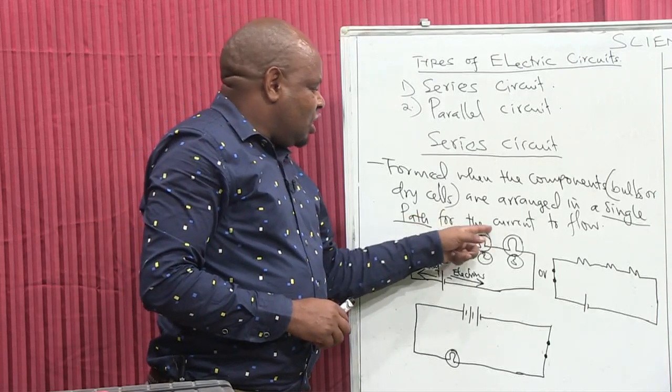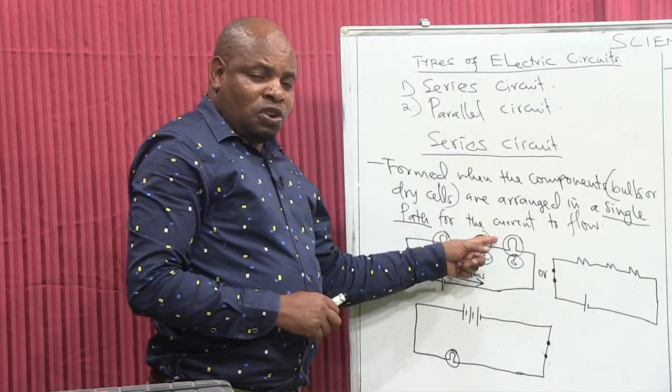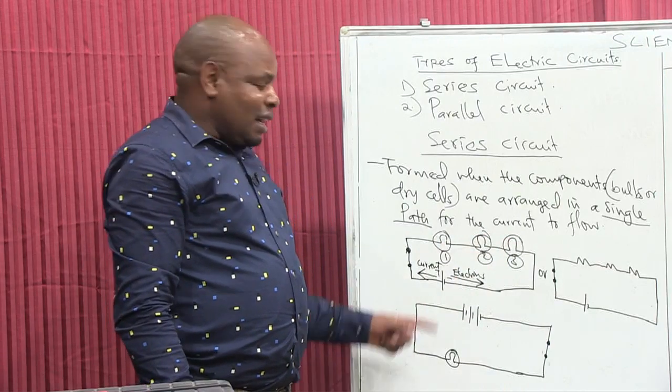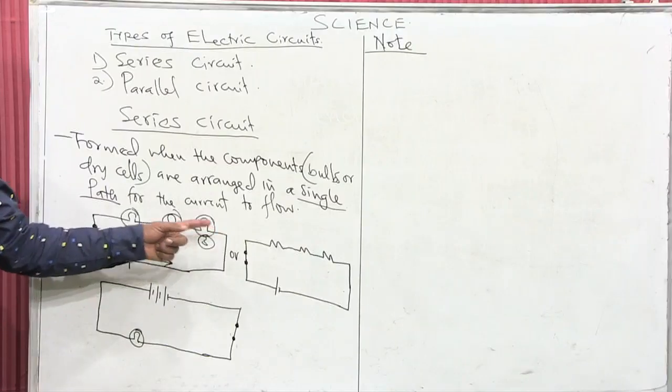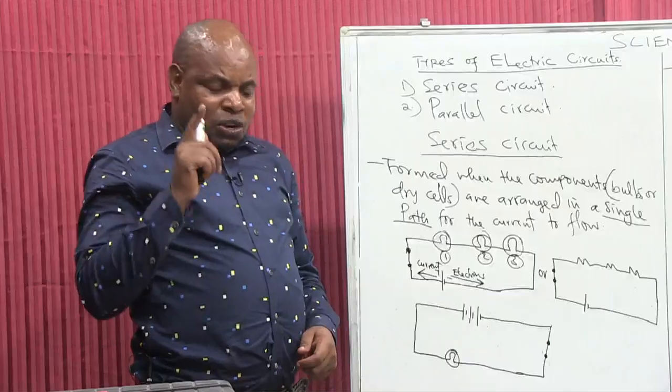So even these 2 bulbs will not produce light. Current cannot pass. So that's the first thing you're supposed to note.